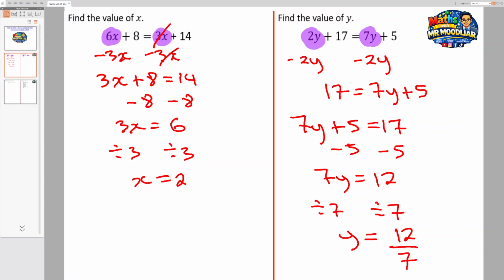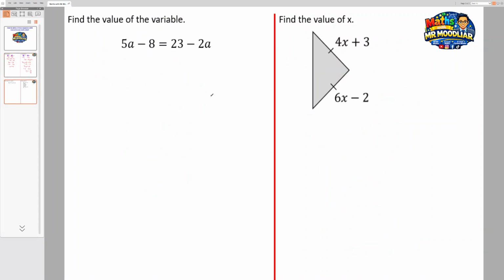Right, let's look at the last two questions now, which are 5a take away 8 is equal to 23 take away 2a. Now, we need to be extra careful with these equations, because if you look at it right now, let me highlight 5a, and be careful, this is negative 2a. The negative is part of the 2a.